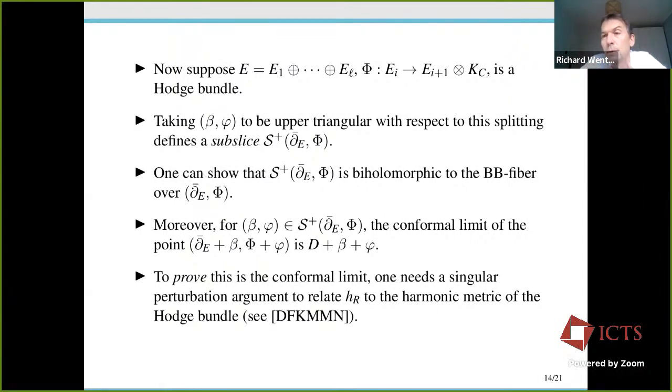And those are called the BB, that's the Bialynicki-Birula stratification. Yeah, in a sense, that's the one I'm referring to. What I call W0 are the individual pieces within that stratification. So they're not the full strata, because the critical sets in general are not isolated. They're just the individual stable manifolds of critical points, fixed points of the C-star.